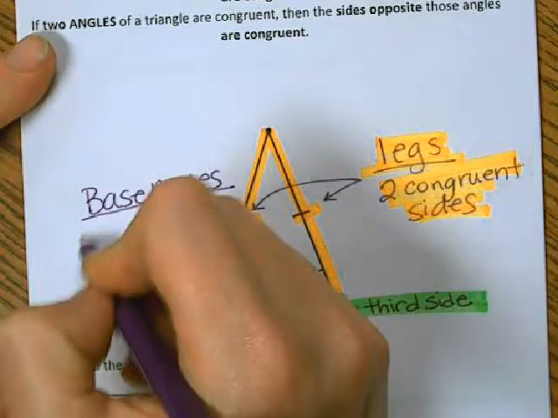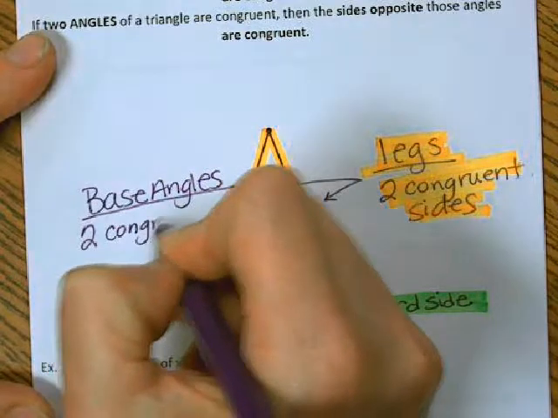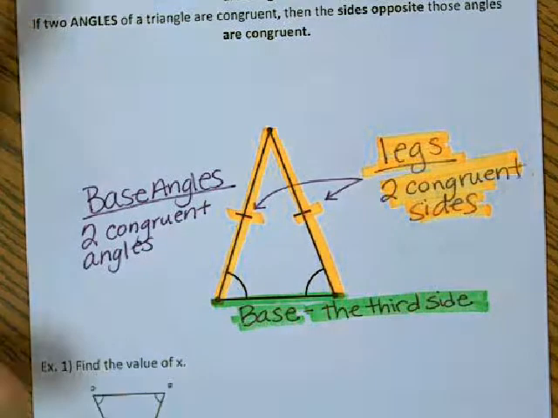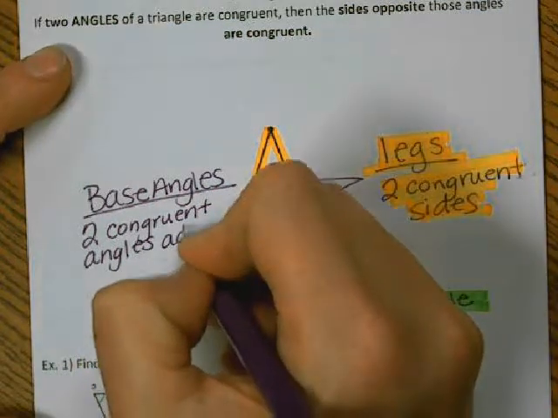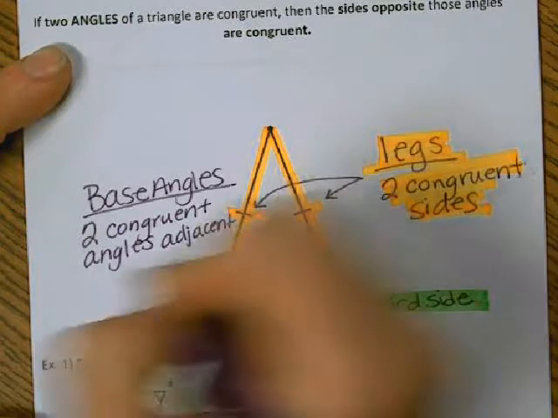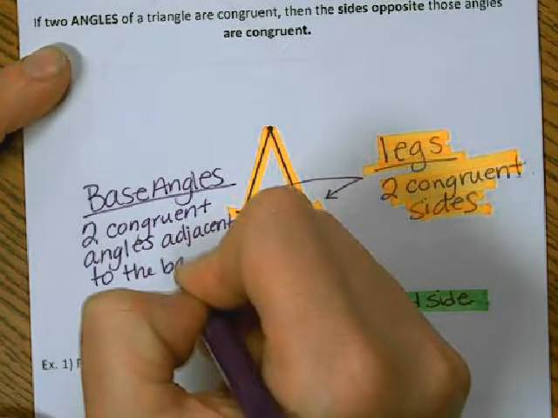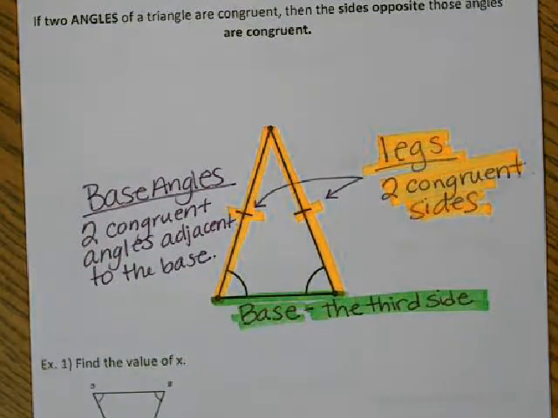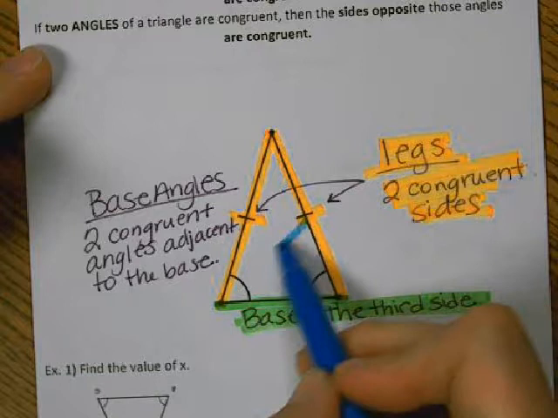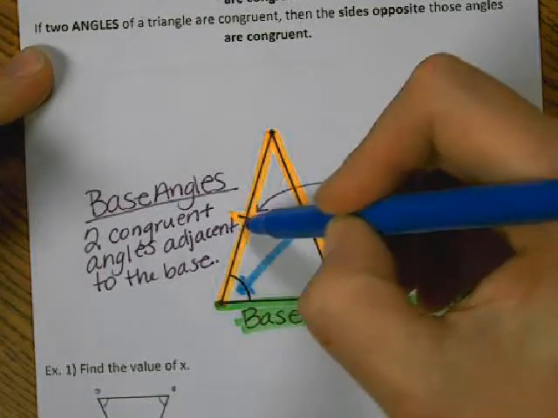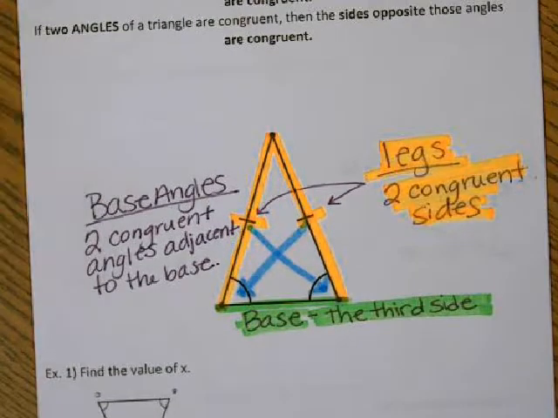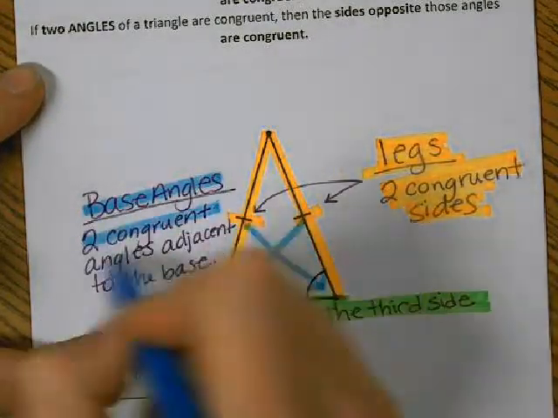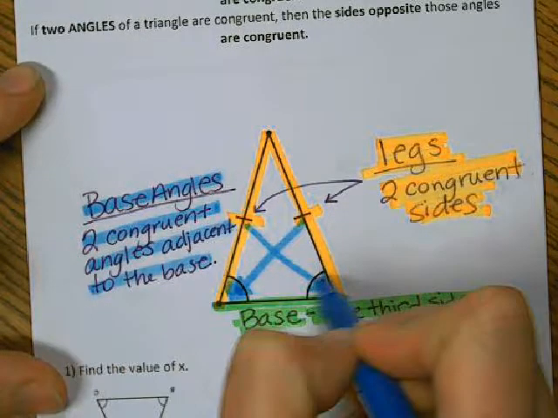The base angles are the two congruent angles, and they're always adjacent to the base, meaning they touch the base. You can also look at it like this: if I draw an arrow from the leg to this corner, and an arrow from the leg to this corner, those are my congruent angles. Those are my base angles.